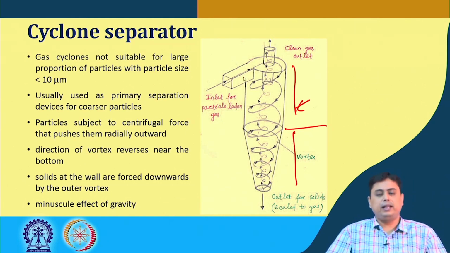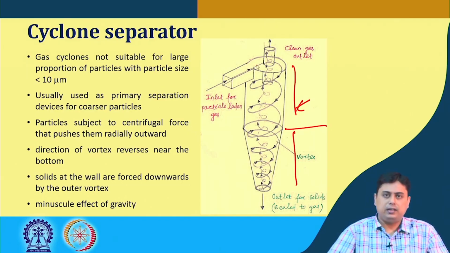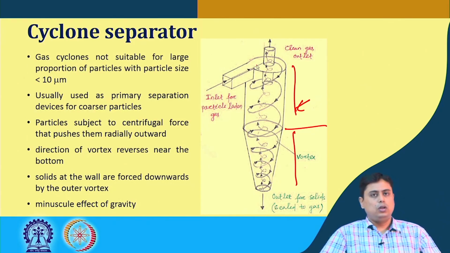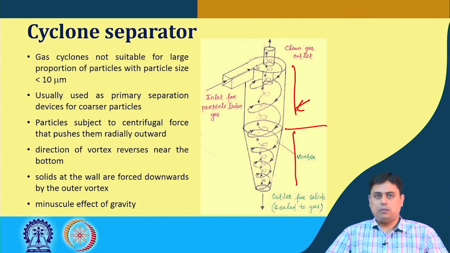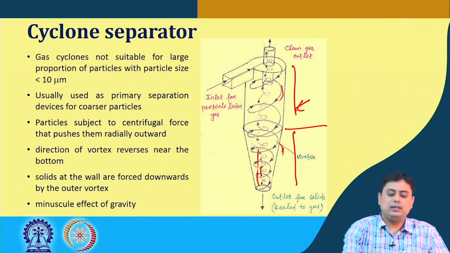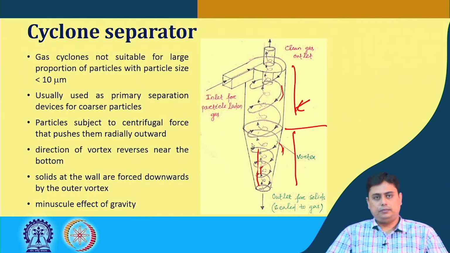There is an inlet for the particle laden gas at very high tangential velocity. It creates a free vortex inside the vessel, and the particles are subjected to centrifugal force which pushes them radially outward. As the vortex goes down, it changes its direction from downward to upward near the bottom of the vessel.